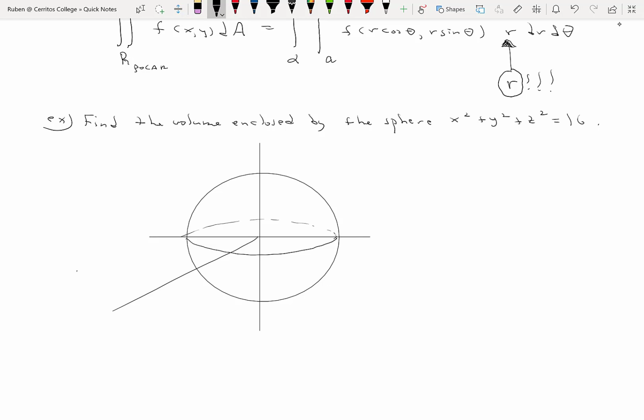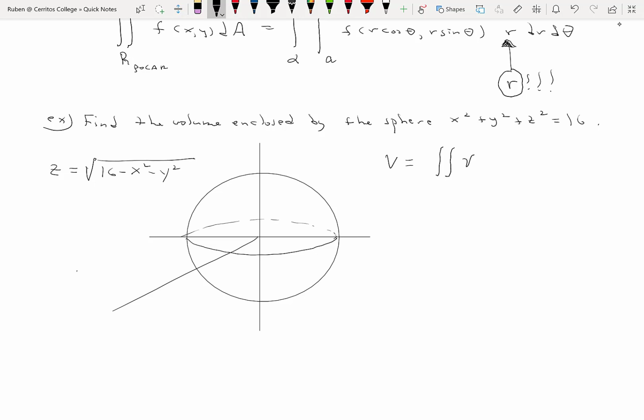So I'm going to set up the double integral, which gives that volume. The volume is the double integral of the z value. And again, I'm considering the volume of the upper half of the sphere, and the upper half of the sphere is given by, if we solve for z, z equals the square root of 16 minus x squared minus y squared.